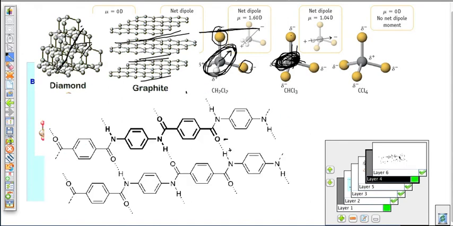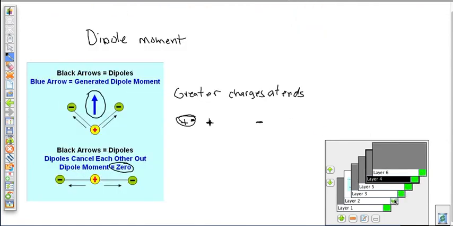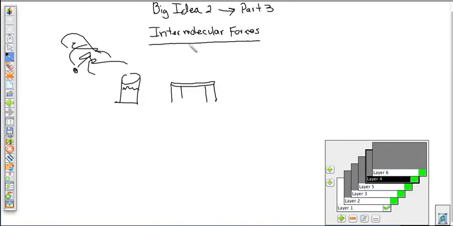A diamond has a super high boiling point because these attractions are so strong. So the strength of the intermolecular forces will determine what we call boiling point: how much energy it takes to change it into a gas from a liquid, or a liquid to a solid, and so on.